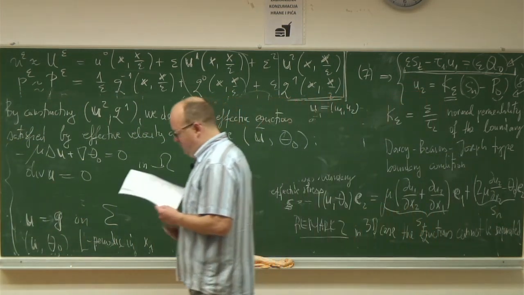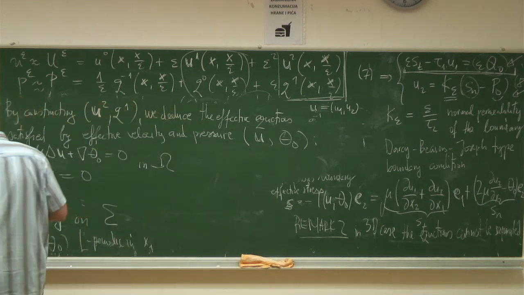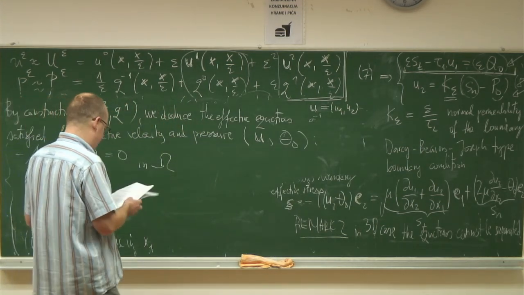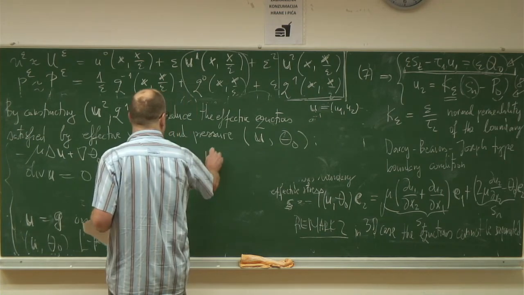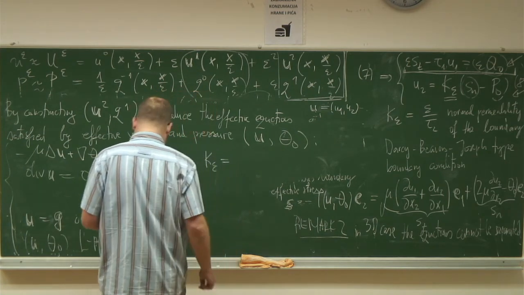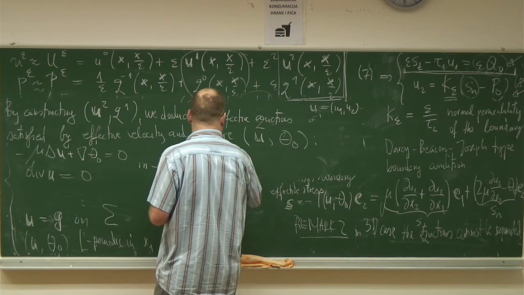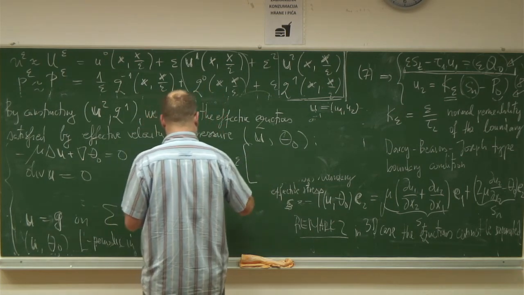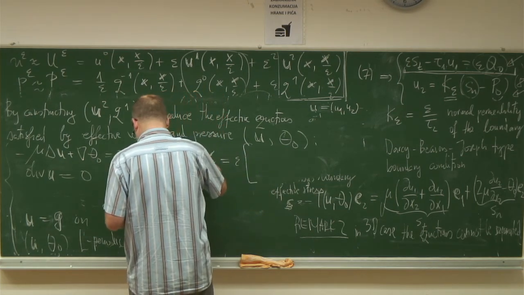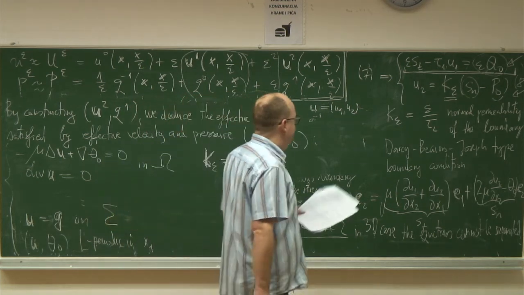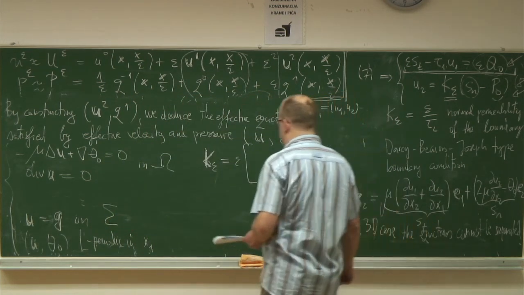If we introduce matrix K epsilon as this one, so this is matrix, and this is here a scalar, okay?